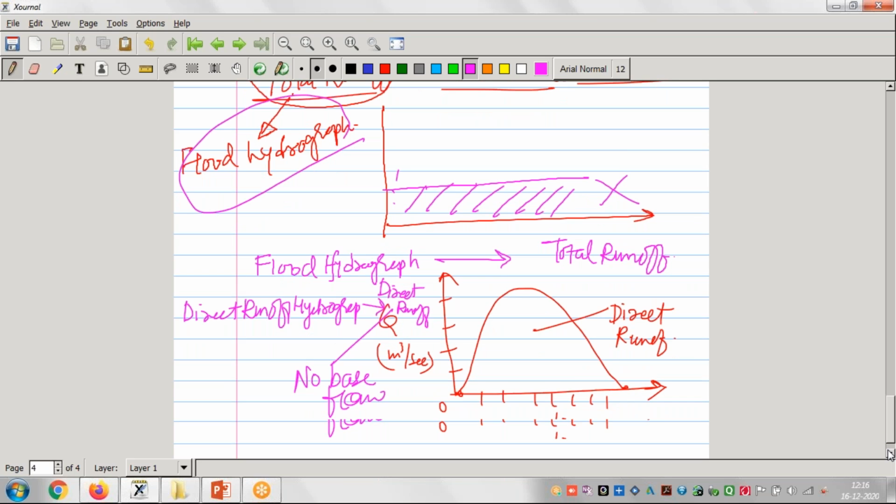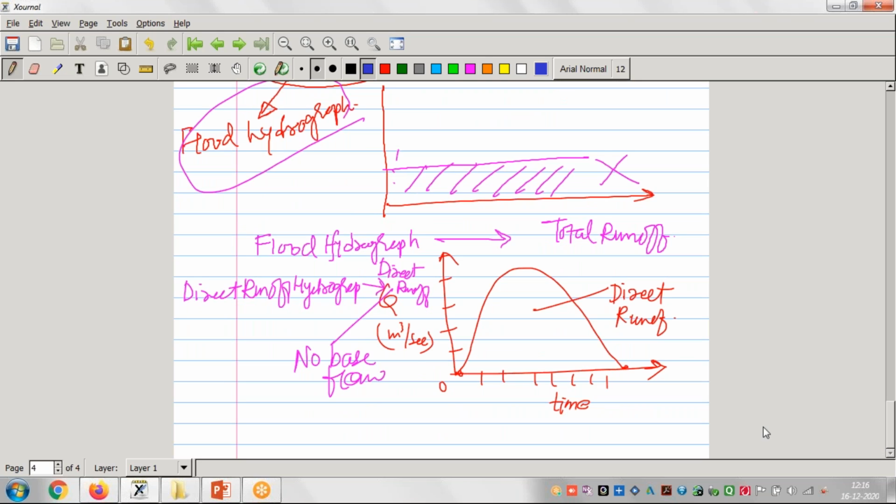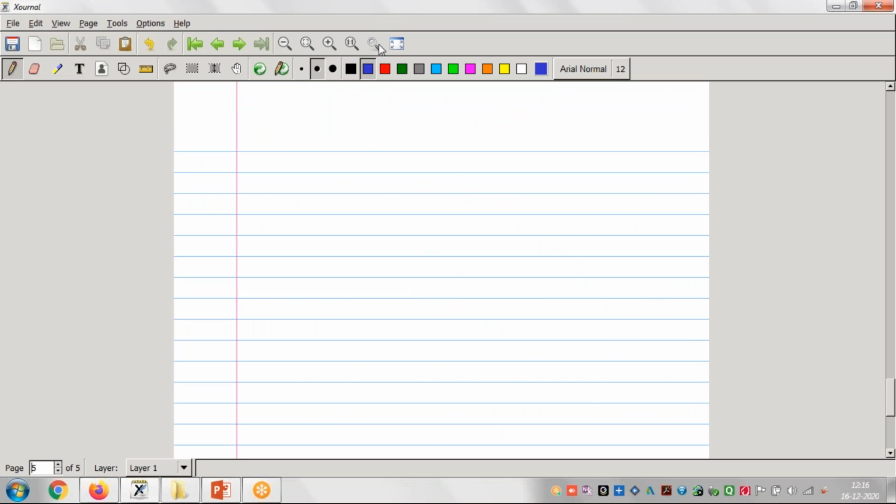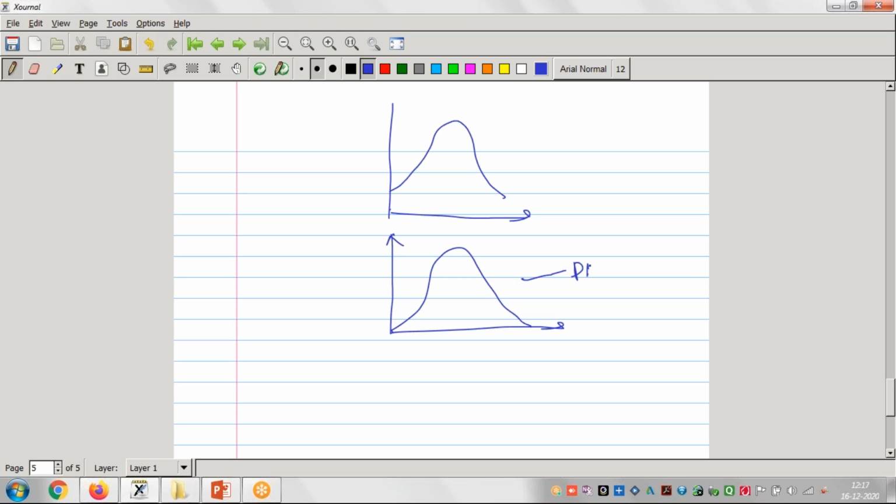So there are two types of hydrographs we can say, right? The first hydrograph is this one, and the second hydrograph is this one. This is my direct runoff hydrograph, in short written like this, and this hydrograph will be called the flood hydrograph because of total runoff.